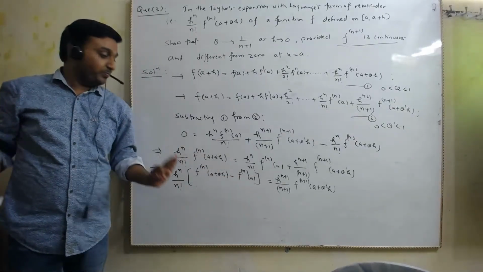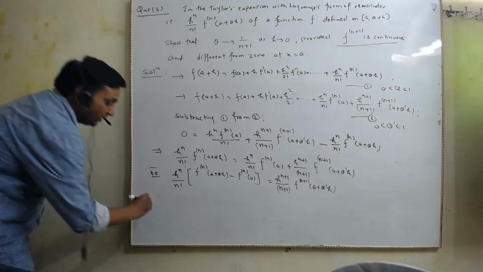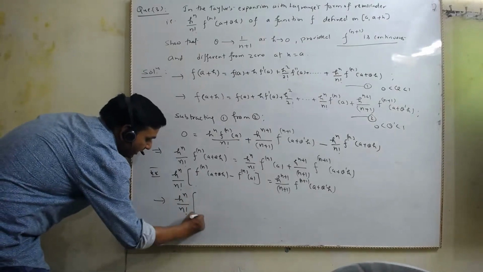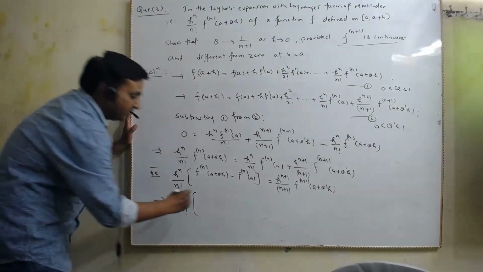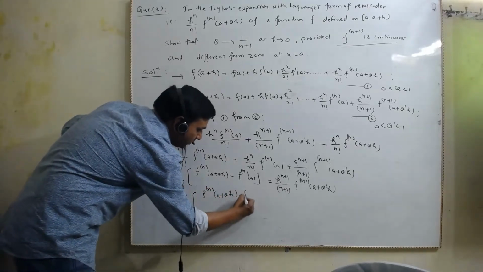ध्यान से देखना इस चीज को. Please notice this line, what I am trying to do: h raised to the power n factorial, and n upon n factorial is outside. Here I am just managing the expression.